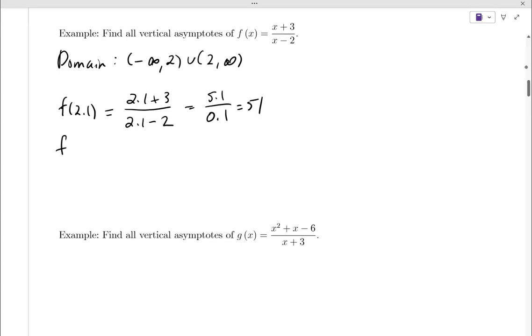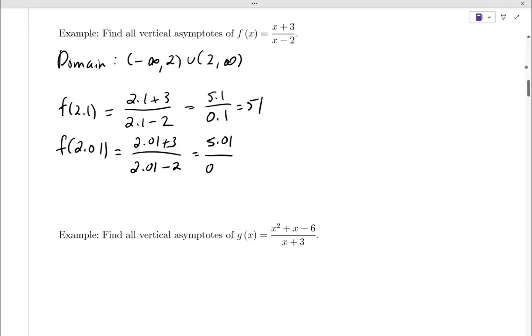If you put something in like 2.01, and again, the only reason why I'm doing this, we're not going to do this every single time, I'm just trying to illustrate what's going on here at 2 in particular. If you put something in like 2.01, on top we get 5.01.